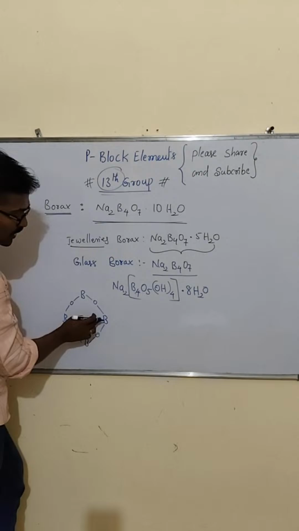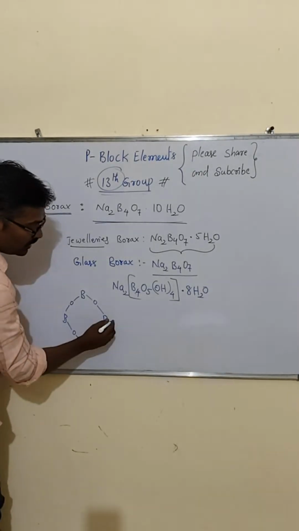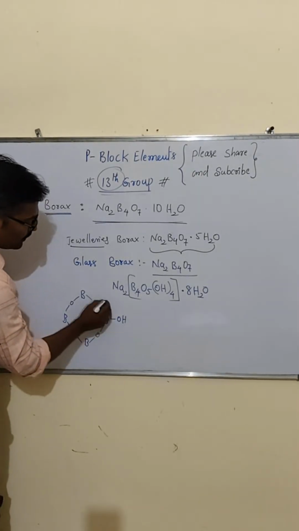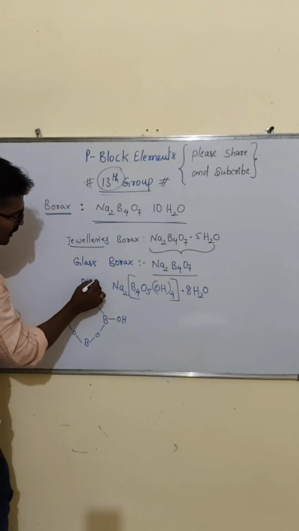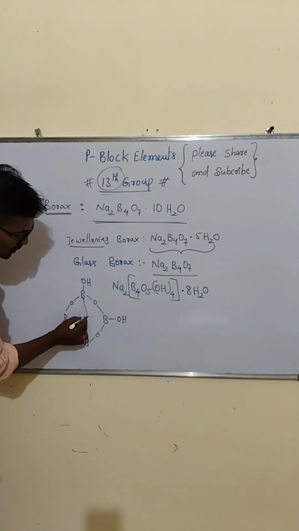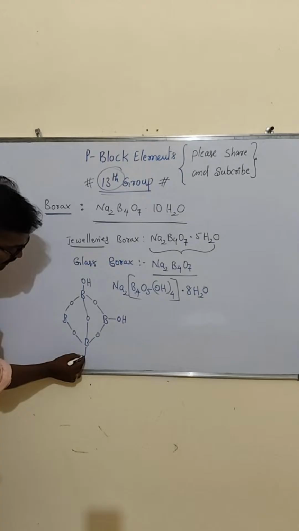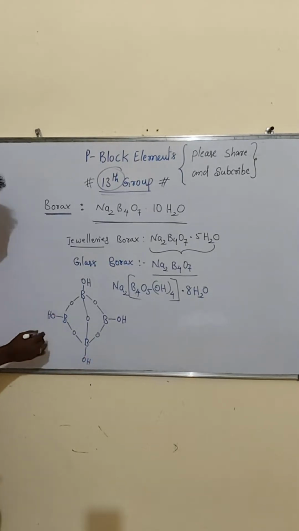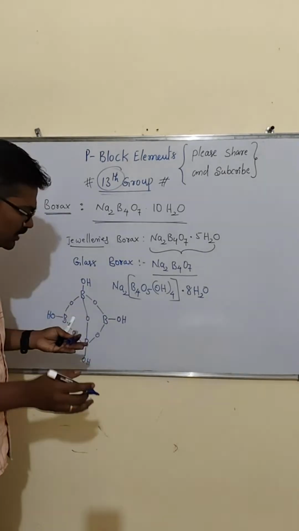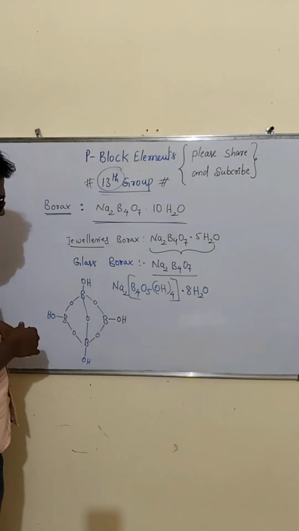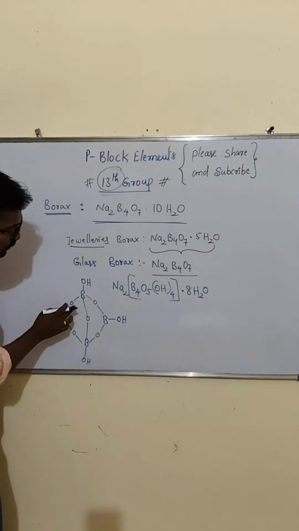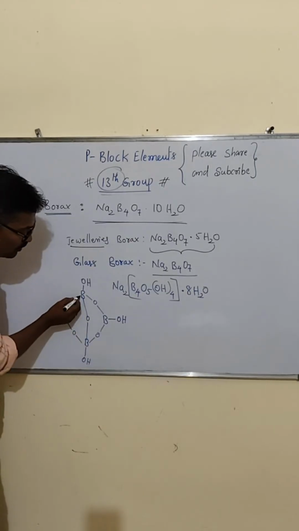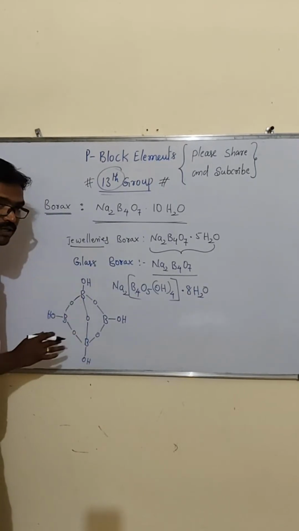For this boron, OH is attached, and in this case also OH is attached. Of course, one more bridged oxygen atom like this. Then OH is attached here. Remember, listen, my dear students, very important points are there in it. This is the original structure. Wherever 4 bonds are there surrounding the boron: 1, 2, 3, 4 bonds.